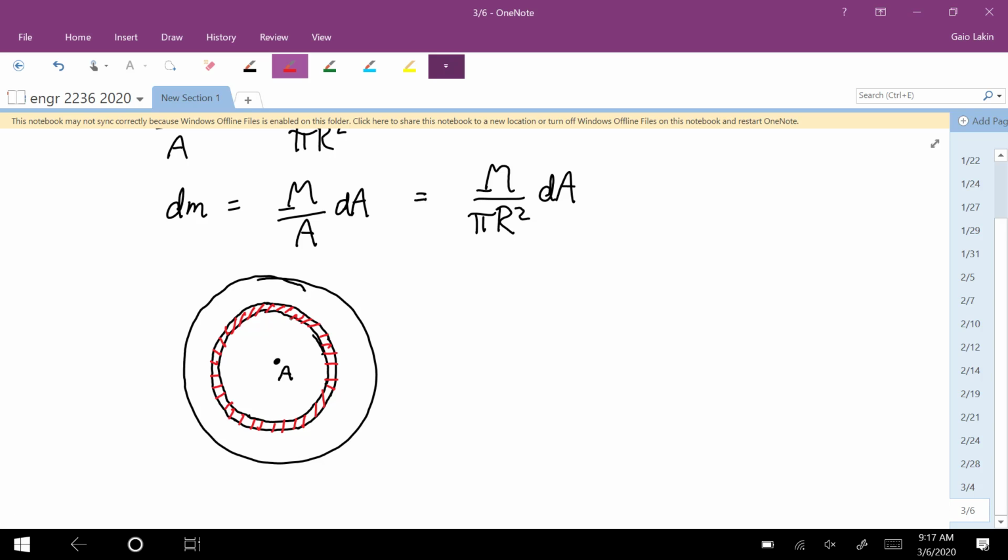Okay, so what do we know about this ring? We'll say that the distance here is little r.